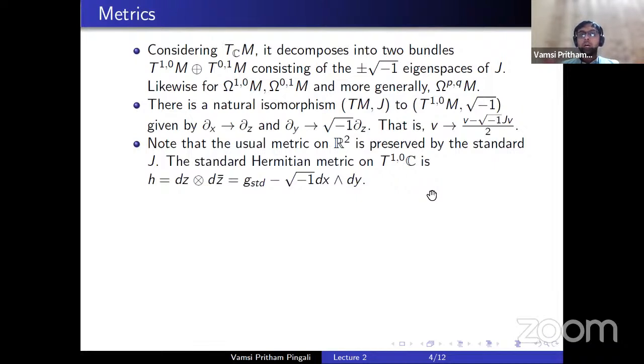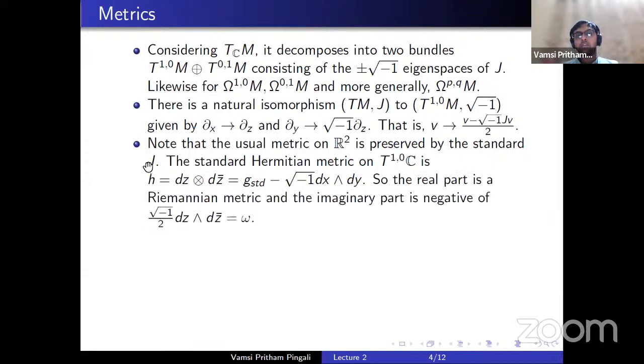Okay, so bearing this in mind, there's a standard Hermitian metric on the holomorphic tangent bundle of the simplest possible complex manifold, C itself. And you can write it as dz tensor dz bar. And if you write dz as dx plus i dy and dz bar as dx minus i dy, it turns out, if you expand it out, you'll get the Euclidean metric plus this beast, okay?